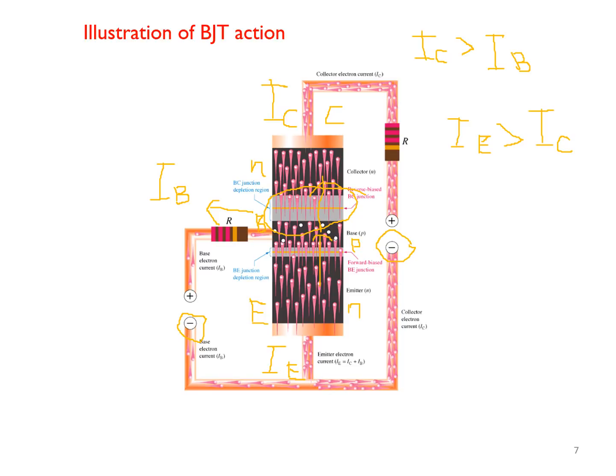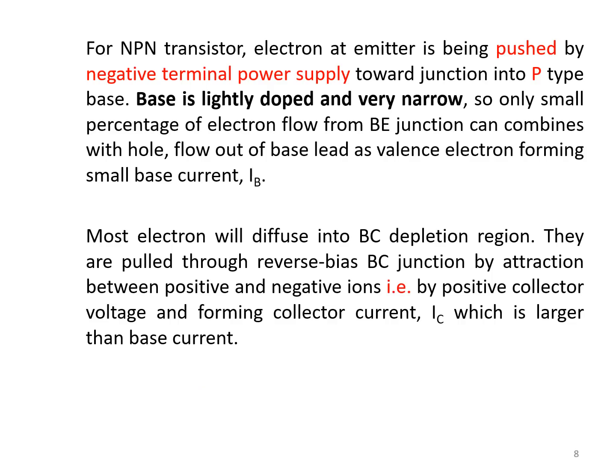So therefore, the conclusion that we can make is IE, the total current, is equal to IC plus IB. The current flowing through the emitter is equal to the current through the collector plus the current through the base. So these are the detailed explanations for the previous figure of illustrations of BJT actions.